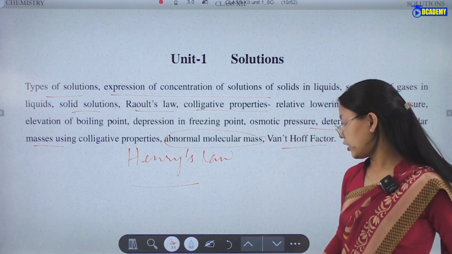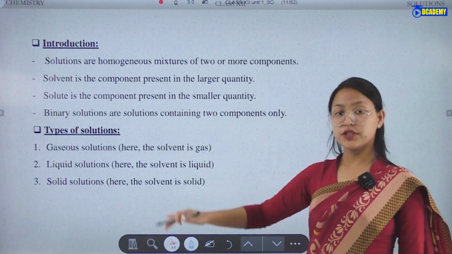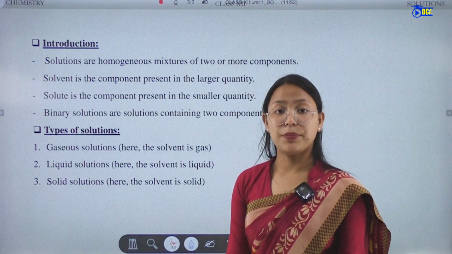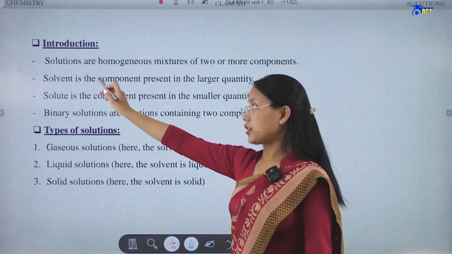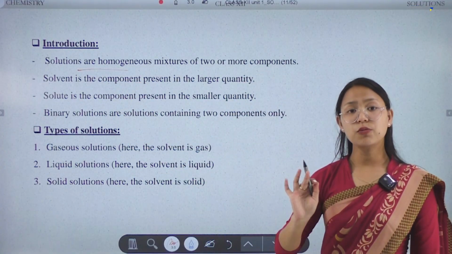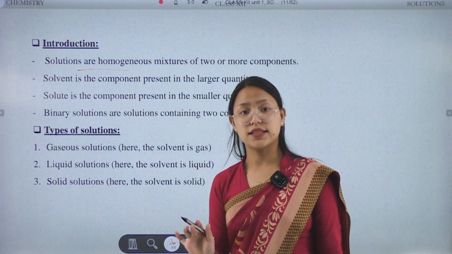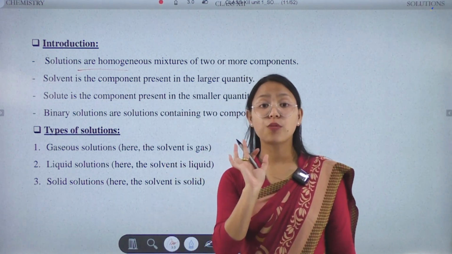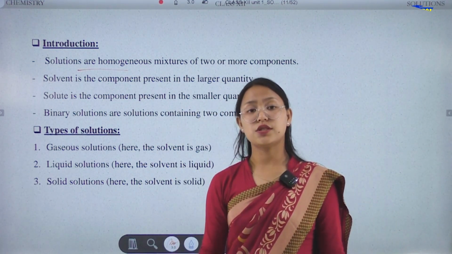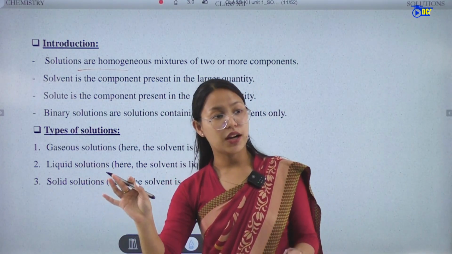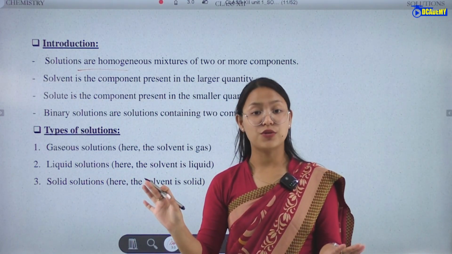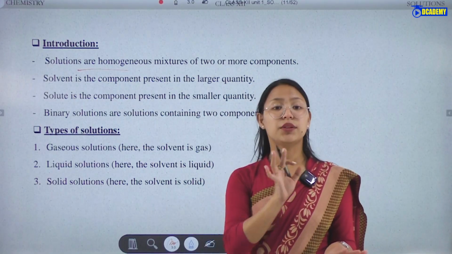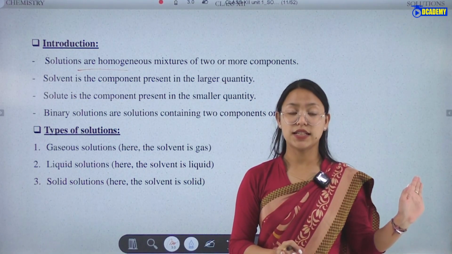So let's start the first topic, the introduction to solutions. Whenever we study or discuss solutions, a solution is a type of homogeneous mixture, uniformly distributed. If it is not homogeneous, it will become heterogeneous.